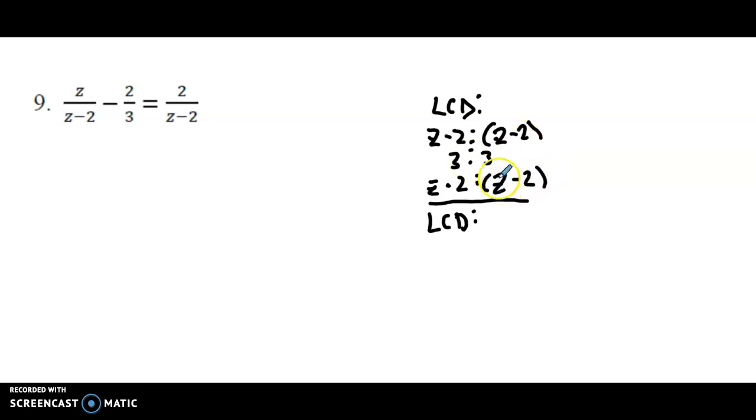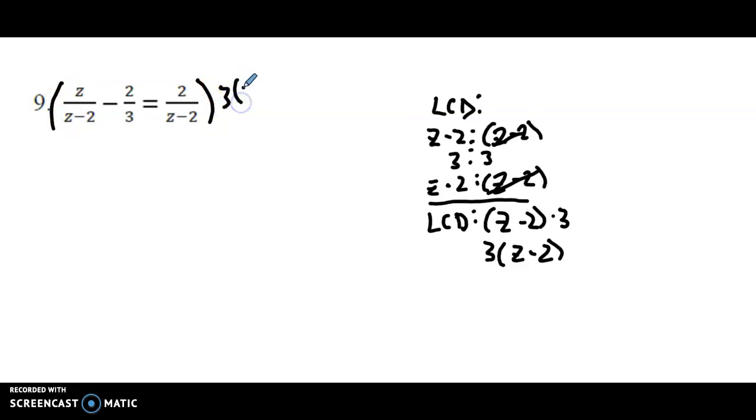So the z minus 2 is common to 2 of them, so I'll go ahead and cross them off. That will be part of my LCD. And then anything that's left over, which is the 3. And I like to rewrite it so that my monomial comes first. And I'm going to multiply this entire equation by 3 parentheses z minus 2.